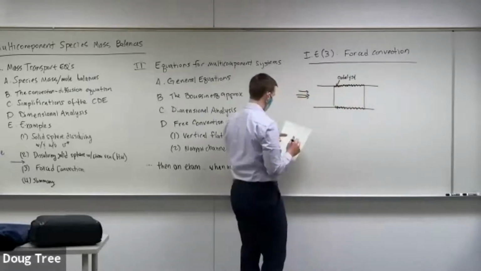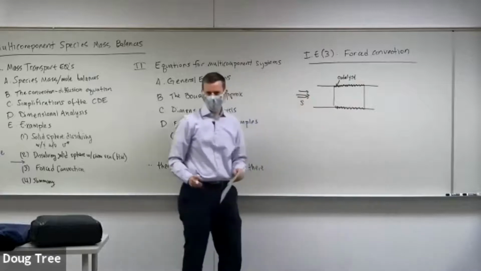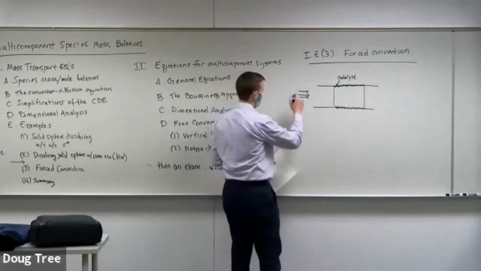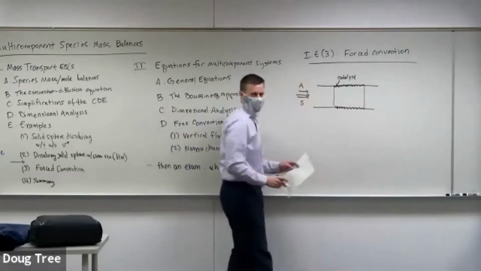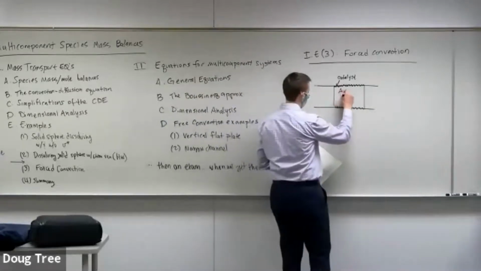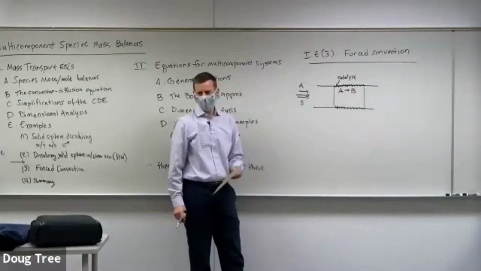And suppose we have some solvent S flowing, so water or whatever it is we're pushing through, and then there's some component A in there. And A undergoes a reaction to B on the surface of that pipe, okay?